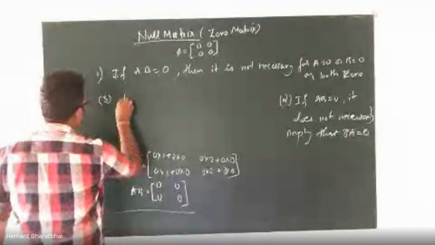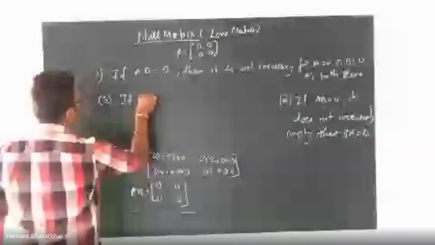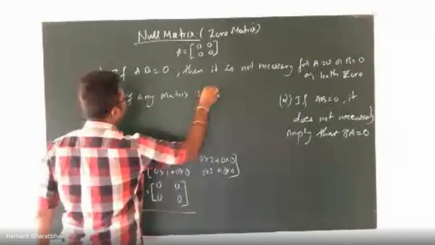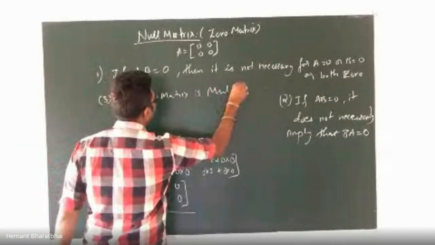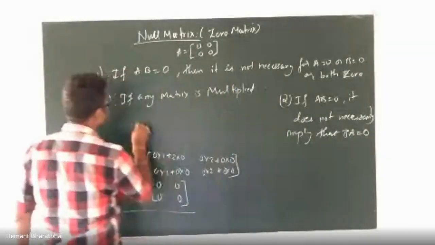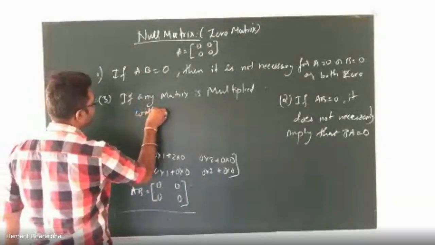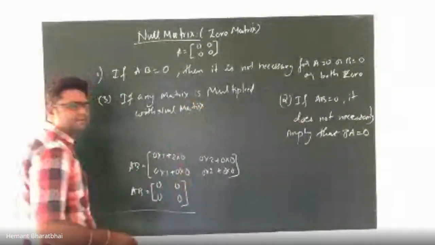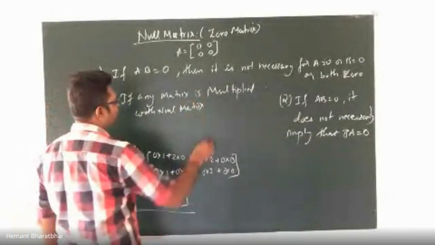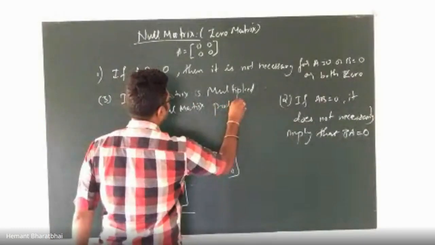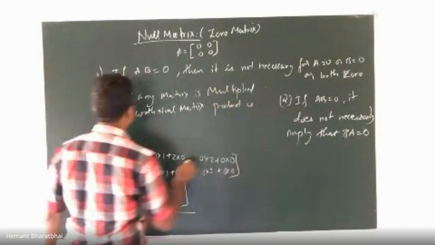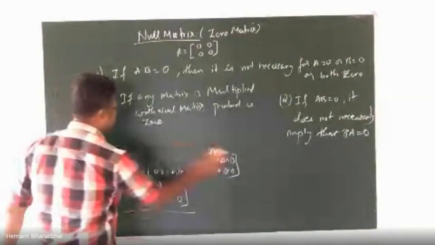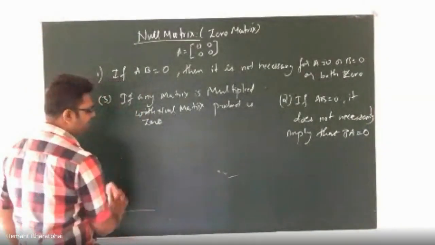So here also, if any matrix is multiplied with a null matrix, then the product is 0. Okay, if any matrix is multiplied by a null matrix, then the product is 0.